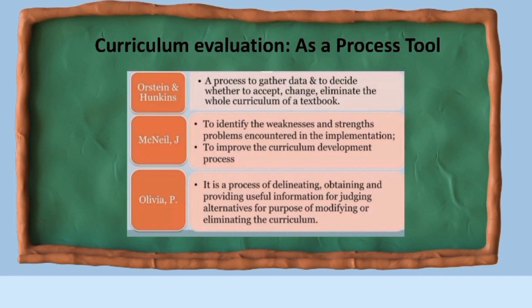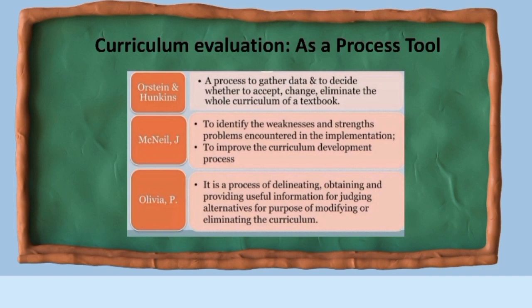According to Orsten and Hankins, curriculum evaluation is a process to gather data and to decide whether to accept, change, or eliminate the whole curriculum or a textbook. For McNeil J., it is to identify the weaknesses and strengths, problems encountered in the implementation, and to improve the curriculum development process.